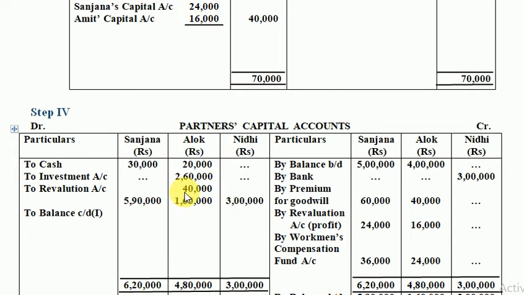Remember, this 40,000 we have already taken on the credit side of revaluation account, and I told you that this is a gain for the partnership firm because the investment of rupees 2,60,000 is being taken over by the partner Alok at rupees 3 lakh. So this adds up to 3 lakh, 2,60,000 plus 40,000. This entry has been mentioned in the working notes after the balance sheet, so we will take care of that.